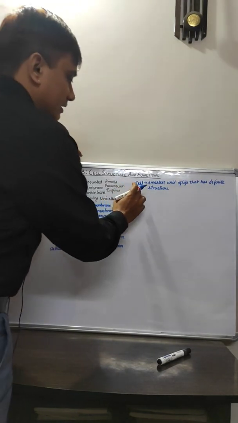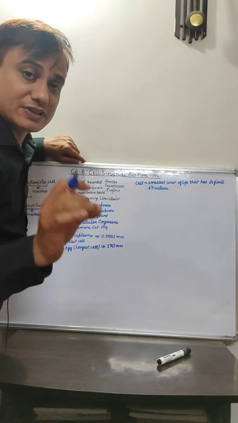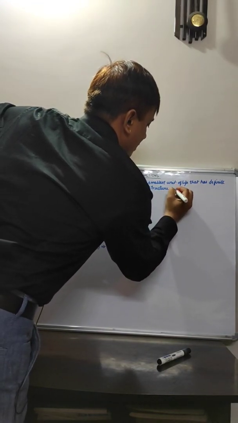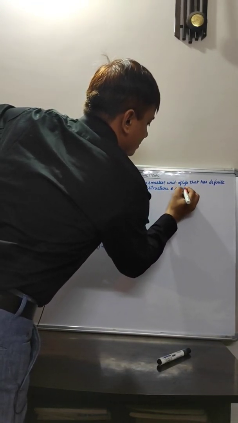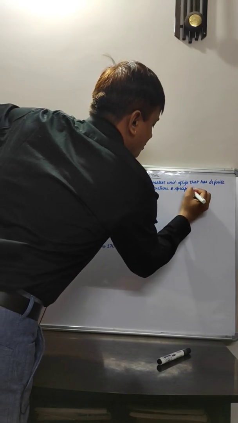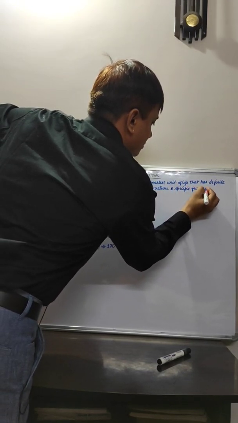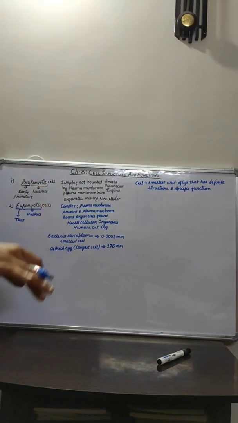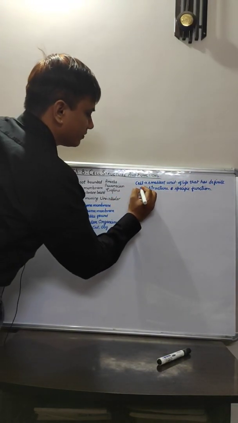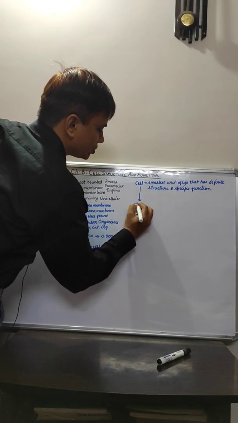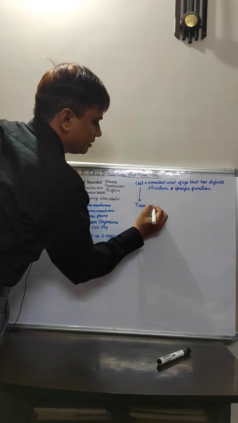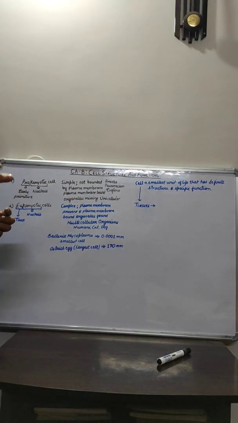Now because it is a cell, all the cells have a specific function to perform. Now these cells are doing what? These cells are giving rise to tissues, right?